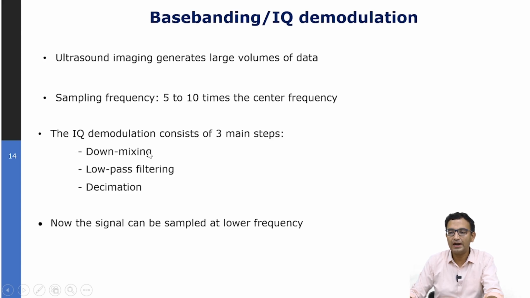You take the signal and down mix it. Down mix means bringing down the frequency. Then you perform low pass filtering to get the spectrum of interest, and then you decimate the data, or you bring down the sampling frequency of the data so that the data volumes can be reduced. And now the signal can be sampled at lower frequency after this basebanding or IQ demodulation has been performed.